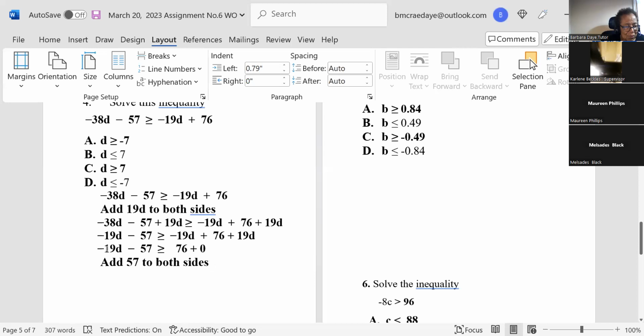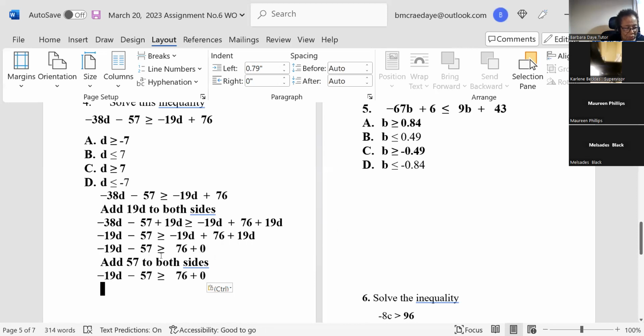So now we are working out the constants. I'm trying to get the 57 on the same side as the 76. But this is a minus, so I have to add 57 to both sides. You with me? So add the 57 to both sides.